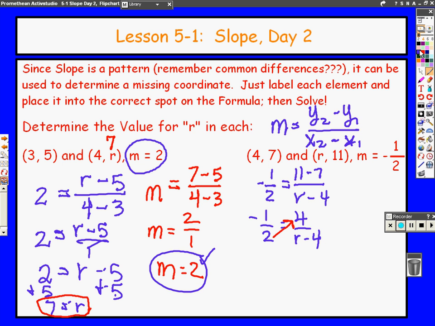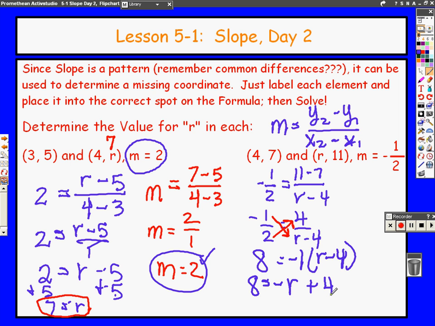I want to use the right color marker here. 2 times 4 equals 8. And then I'm going to multiply negative 1 times r minus 4. I always like to write it out so that I don't make any mistakes. When I distribute the negative 1, I end up with negative r plus 4.